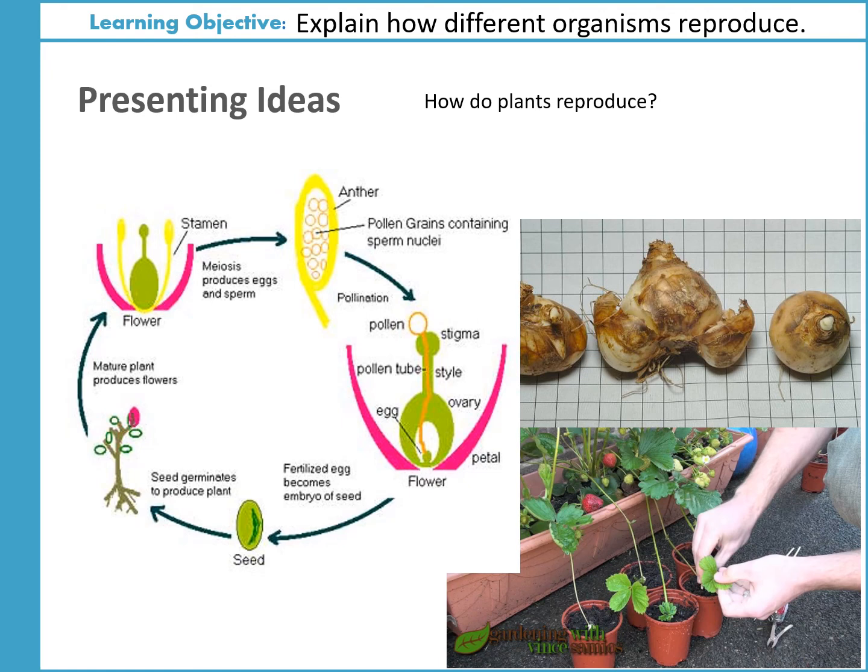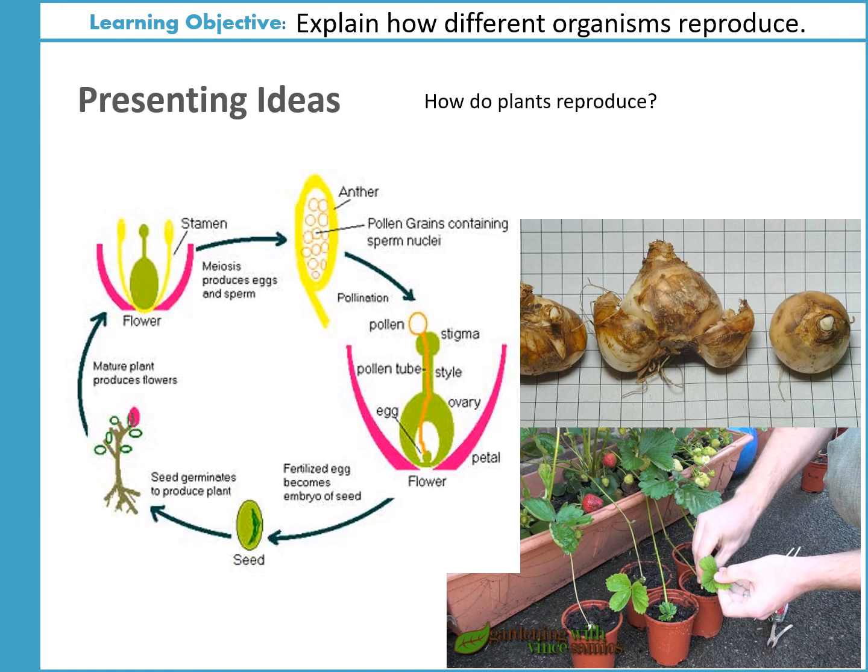So a pollen grain arrives on the stigma, helped there by the wind or by animals or even by a human. And the pollen grain grows a tube down through the style into the ovary and fertilizes the egg. So the fertilized egg is now ready to become the embryo, and this is diploid.